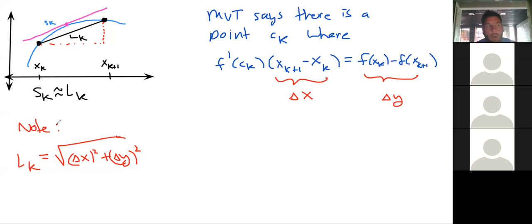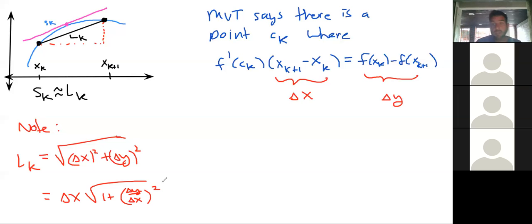So using some algebra, you can rewrite this right here. This guy in red, if I factor out a delta x squared, it just becomes delta x, and then you're left with 1 plus delta y over delta x squared. That is just algebra. That's factoring out a common factor.